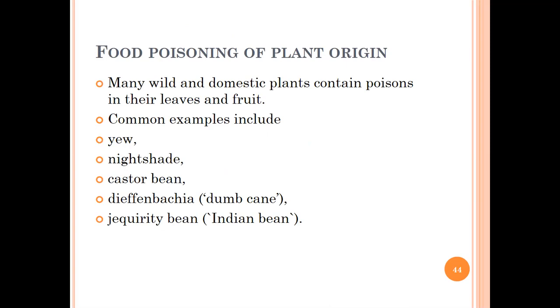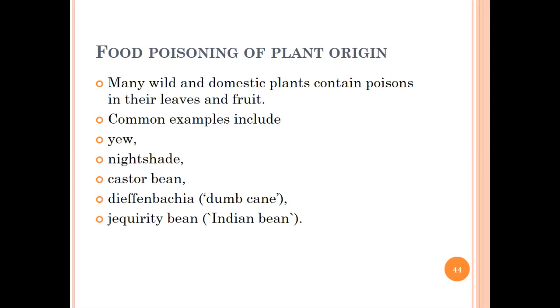Usually it happens with young children and adolescents because of their curiosity. And a lot of wild and domestic plants contain poisonous substances in their leaves and berries.